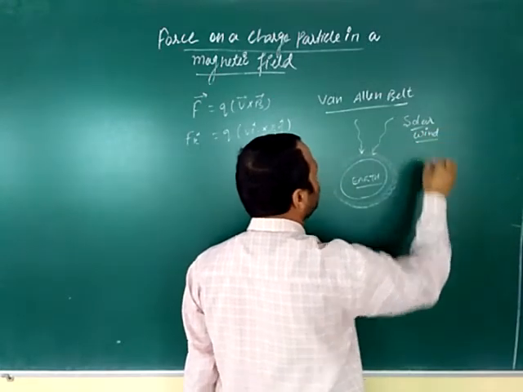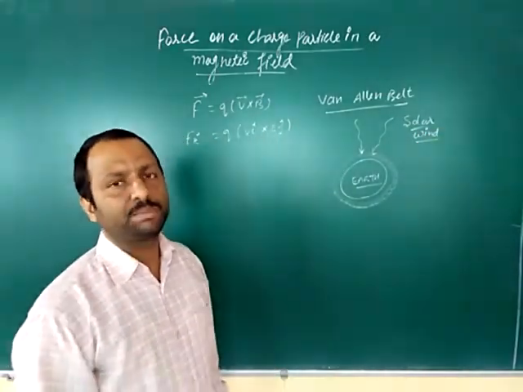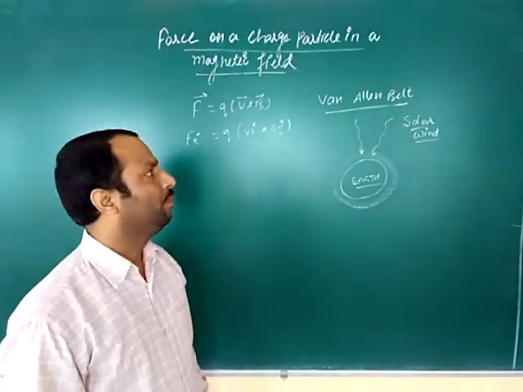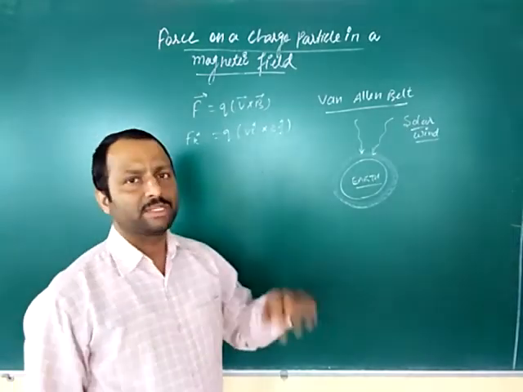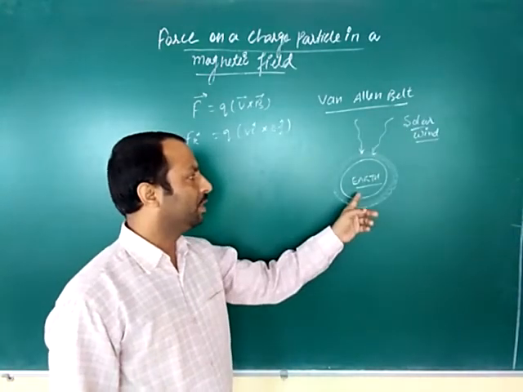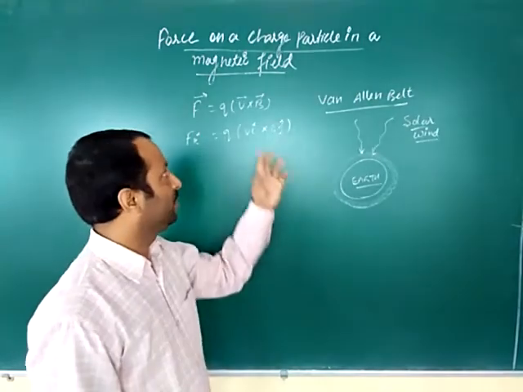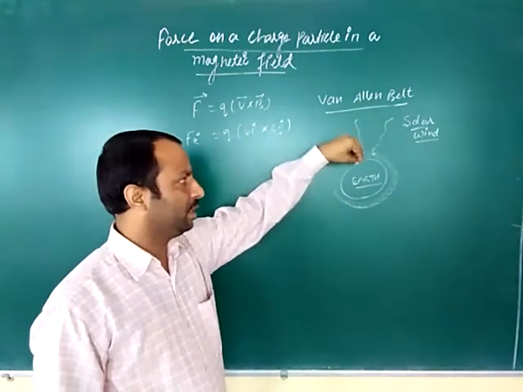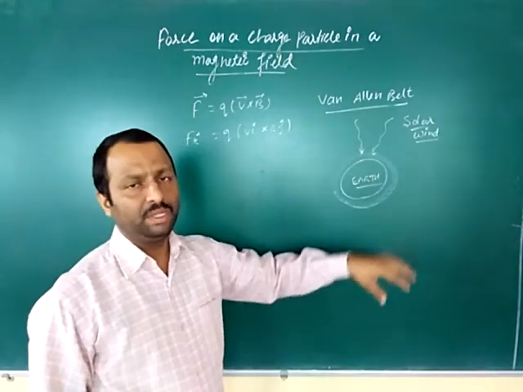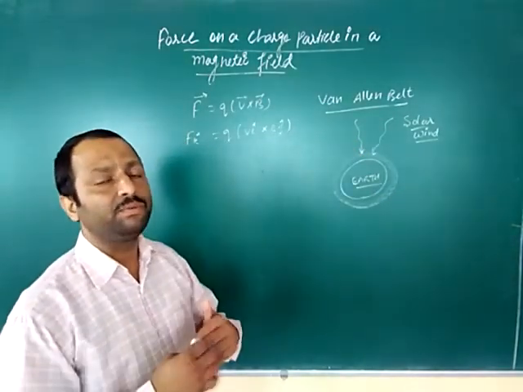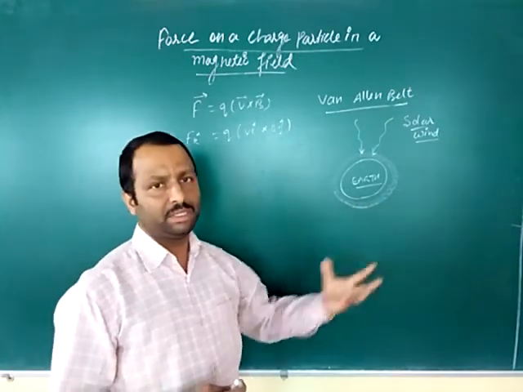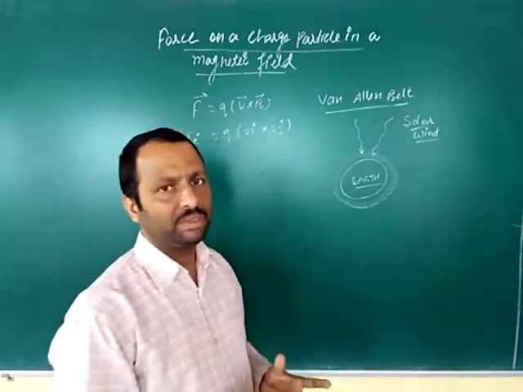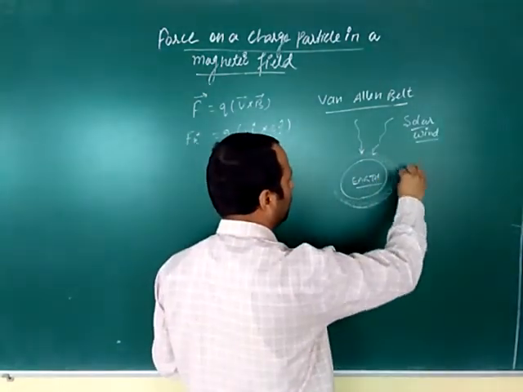When the solar wind enters the Earth's magnetic field, what happens? They experience a deflecting force due to the Earth's magnetic field, and they are trapped in the Earth's magnetic equator.